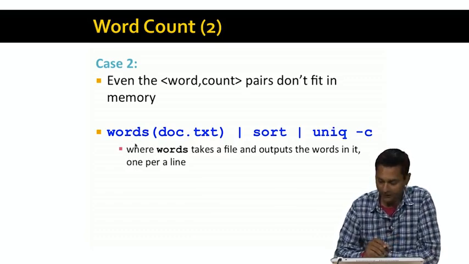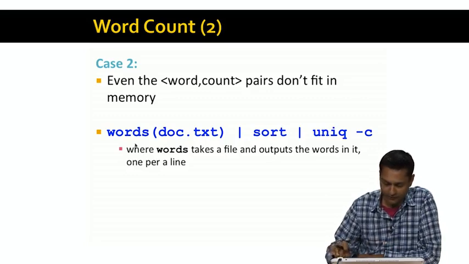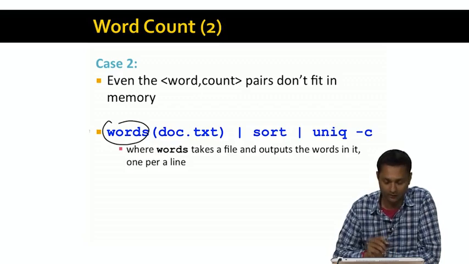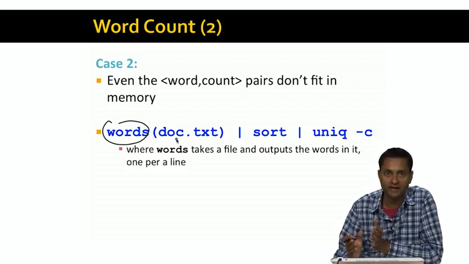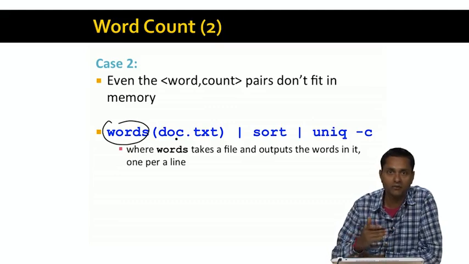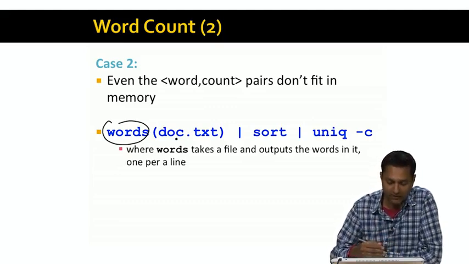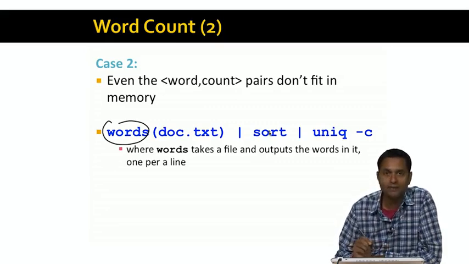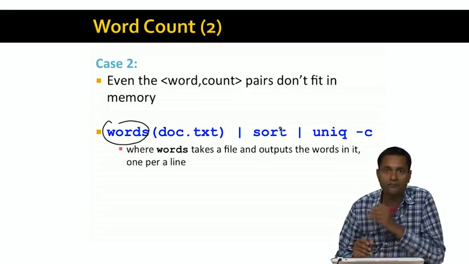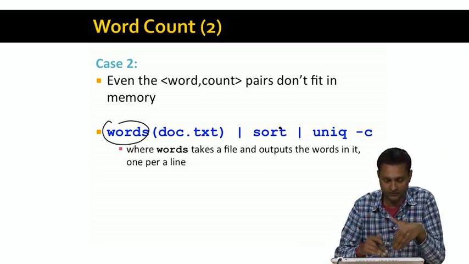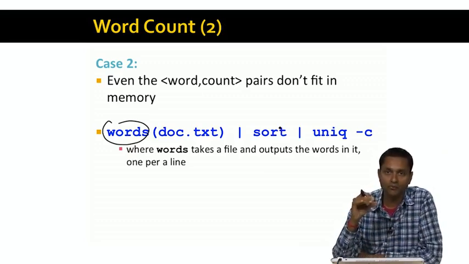Here the command words is a little script that goes through doc.txt, which is a big text file, and it outputs the words in it, one per line. And once those words are output, I can pipe them to a sort, and the sort sorts the output of that.